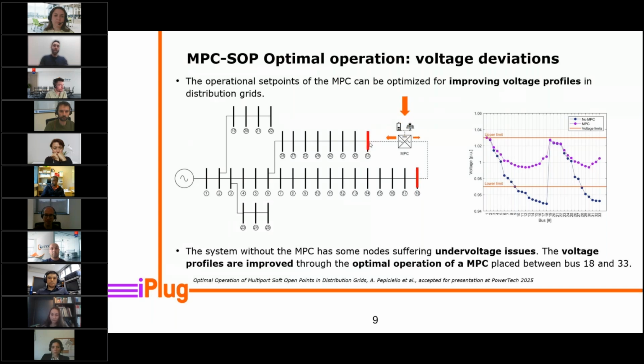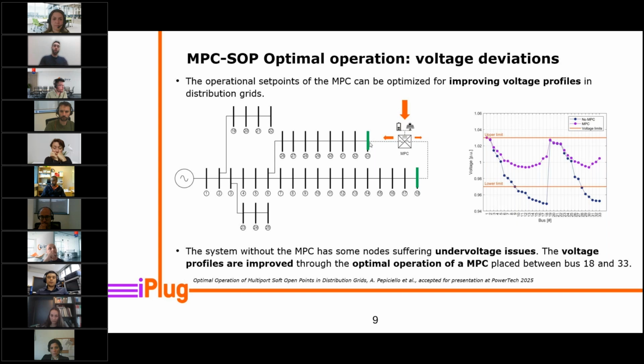Yes. So we can see how a multiport converter can be employed in order to solve this undervoltage problem. In this case, the soft open point has 3 ports. One is connected to distributed energy resources, and the other two to the feeders.